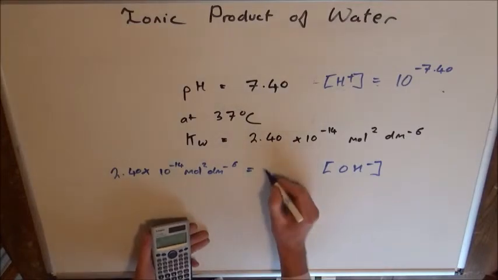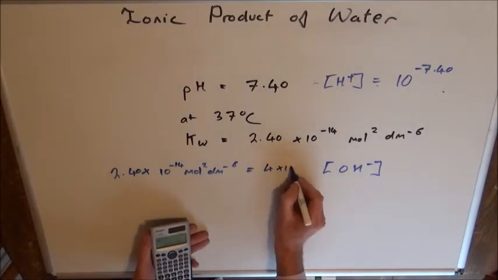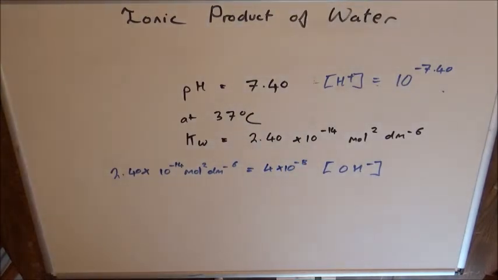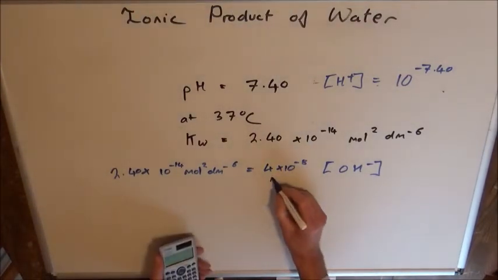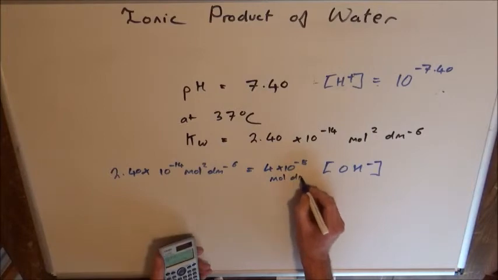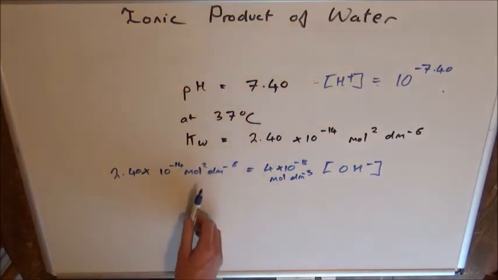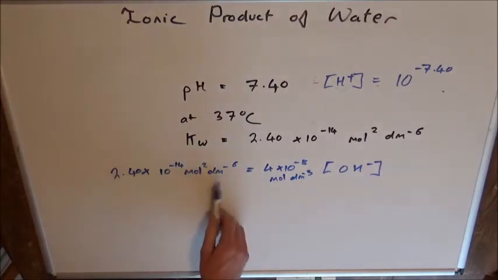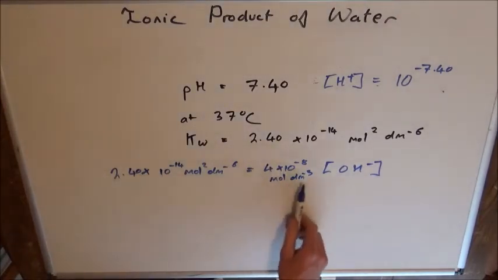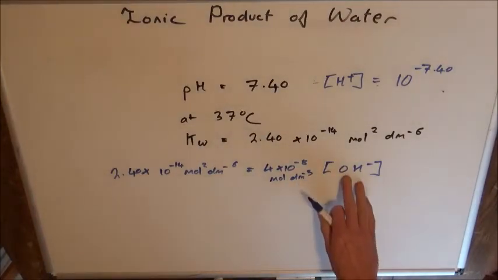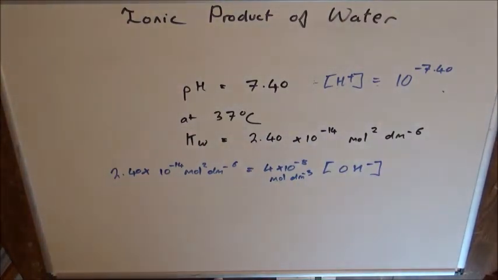So I'll just call that 4 times 10 to the minus 8, and that's going to be moles dm to the minus 3. So we know the Kw value, we know the concentration of H plus ions from the pH. The one we don't know is the concentration of the hydroxide ions.